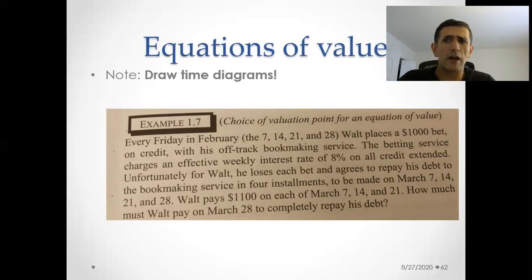Walt takes out a loan and he gets $1,000 on the 7th, 14th, and 21st, and he pays back this loan on the 7th, 14th, and 21st of March, and he makes finally an unknown payment on March 28th to completely repay his debt. All right.